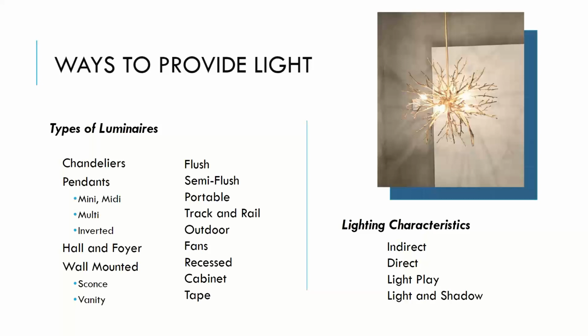As you've seen here in this photo to the right, the light play with the shadows and the pattern that this light gives off on the wall and even the ceiling, even though we're just seeing the wall here, is a very distinctive pattern that it creates. And some might see this and say, wow, I love that. Almost looks like art on my wall now when that light fixture's on. And some people are going to be turned off by this type of pattern or shadows and light play on the wall.